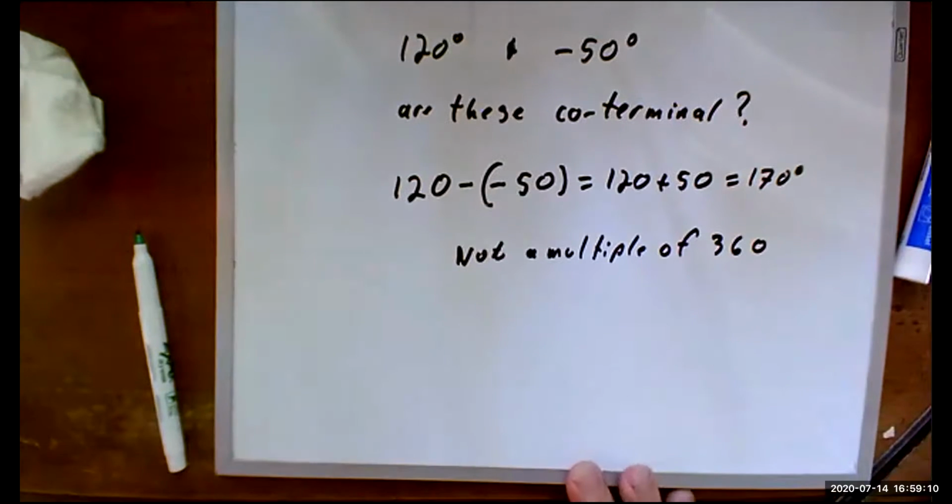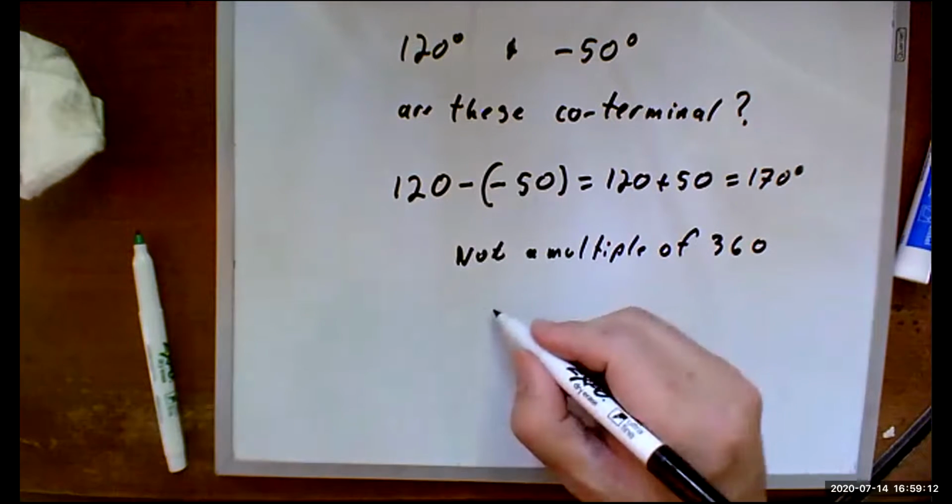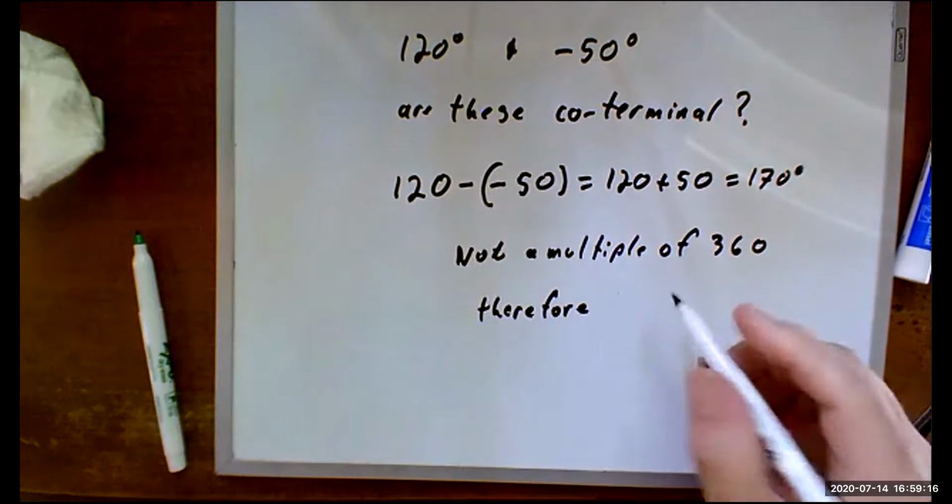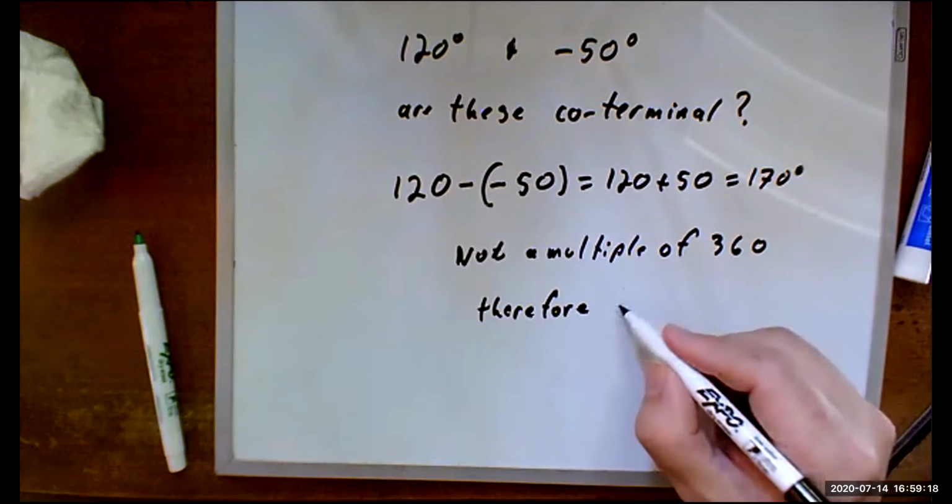Which means we haven't gone all the way around the circle. And if we haven't gone all the way around the circle, we cannot be coterminal.